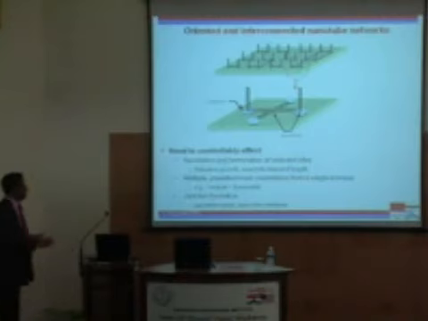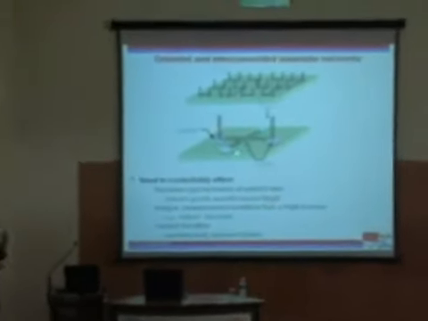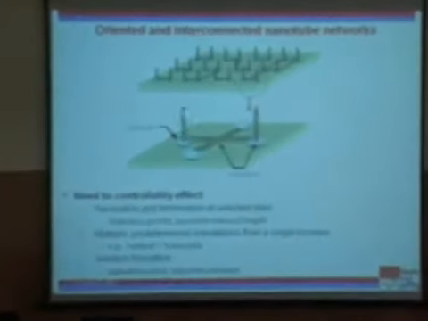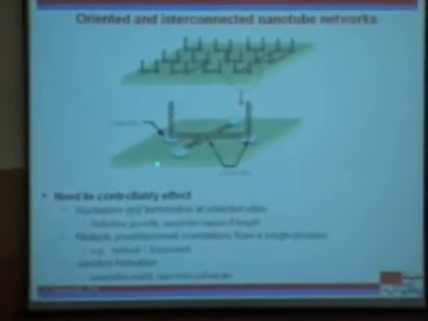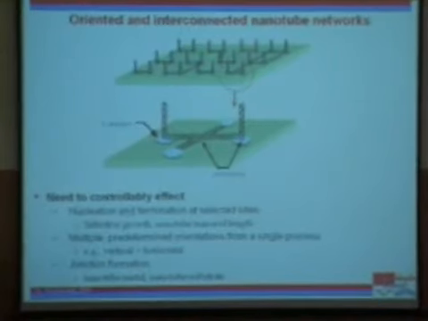As I said, if I want to make a real chip, I need to be able to assemble not one nanotube, but more like maybe 10 million or a billion nanotubes on a planar surface, and I should be able to do this in a repeatable and manufacturable fashion. So in order to do that, what are the key things that one needs to do?